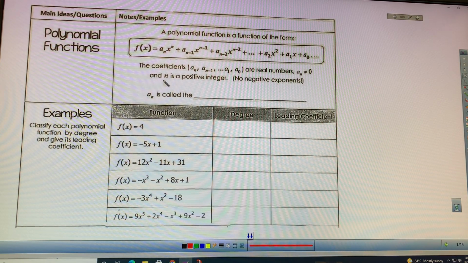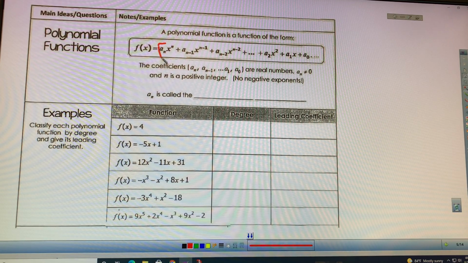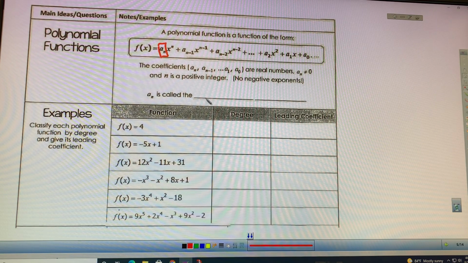Here, this is just saying a to the n. What is this called? This is like a standard form of a function, and that is our leading coefficient.